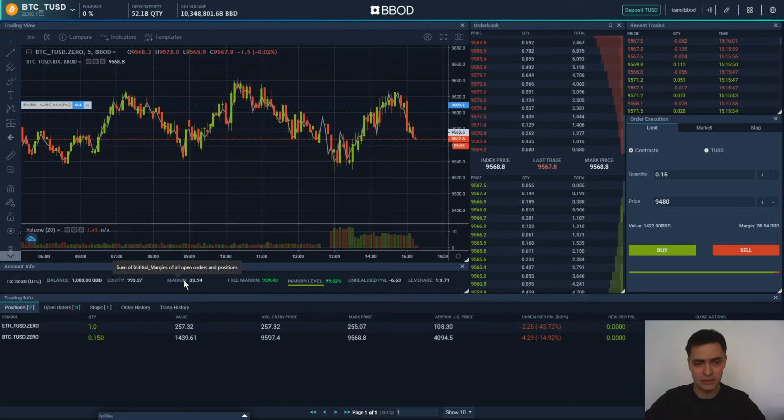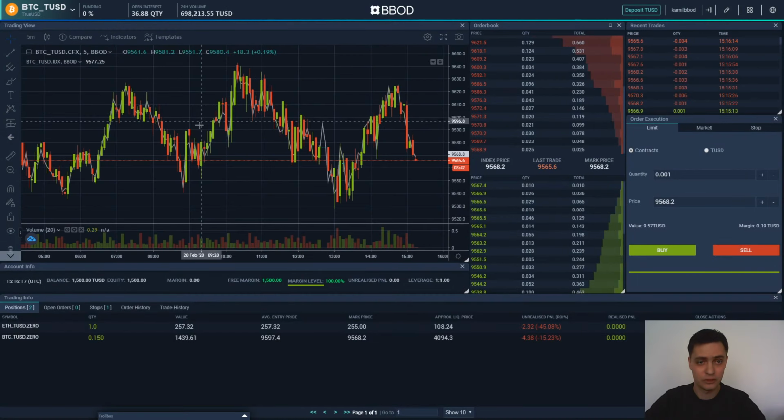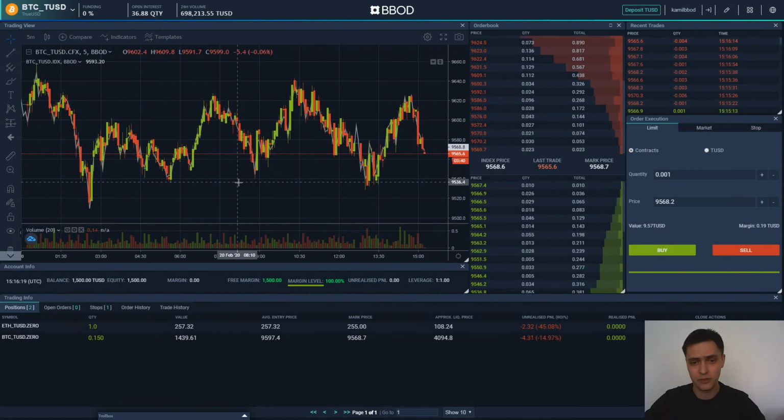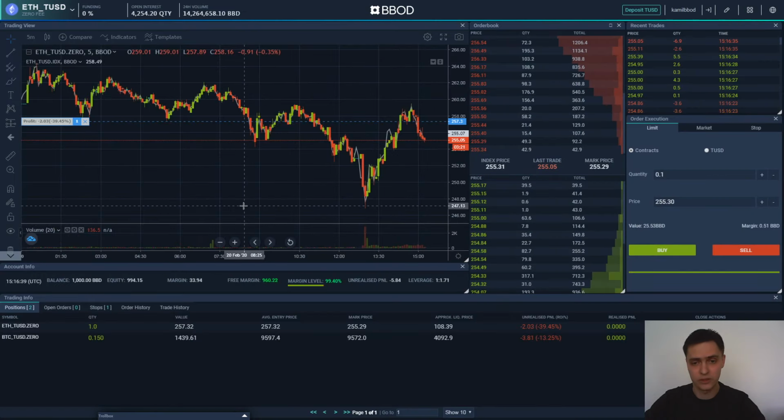Then my margin is 34 BBD. If I change this to true dollar settled futures markets, it will be different because you have two accounts to play with, right? Because here you have all your collateral denominated in true dollar, and on the zero fee market you play with BBD tokens, right?